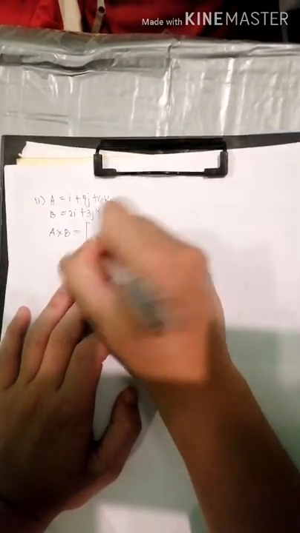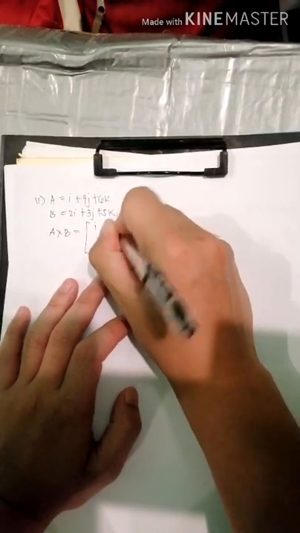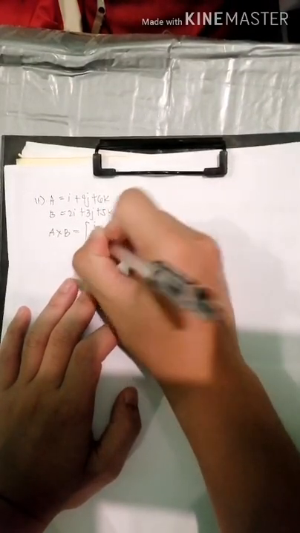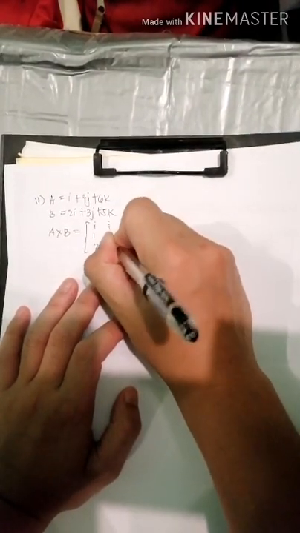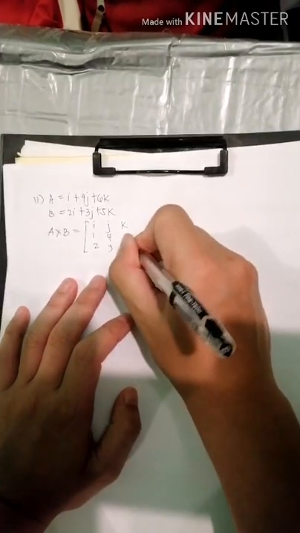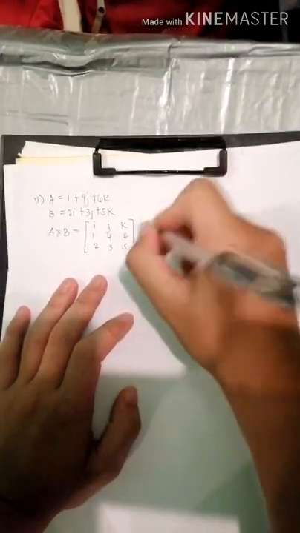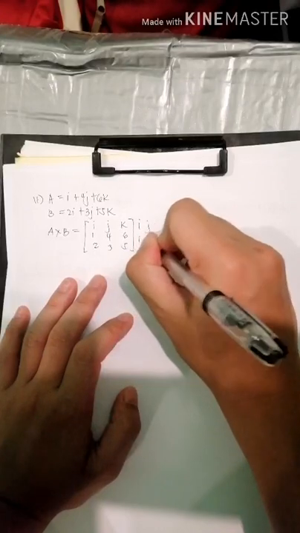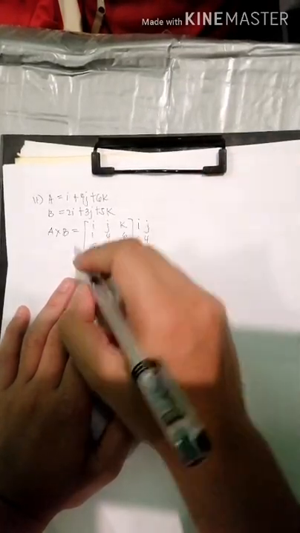Let's write the variables 1, 4, 6 and 2, 3, 5. This is a 3 by 3, with i, j, k.